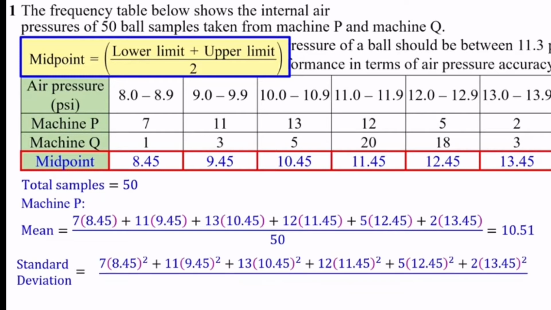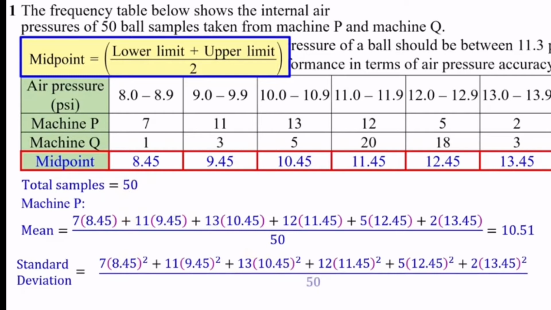Frequency no square, okay? So you need to press your calculator slow and steady, carefully. So you are still dividing by 50, which is the total frequency.